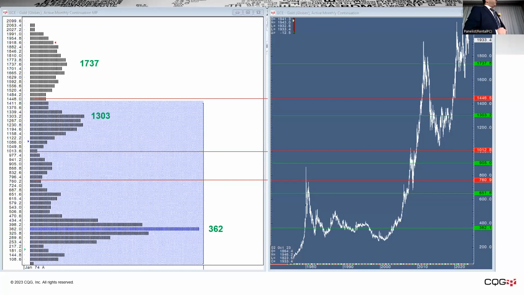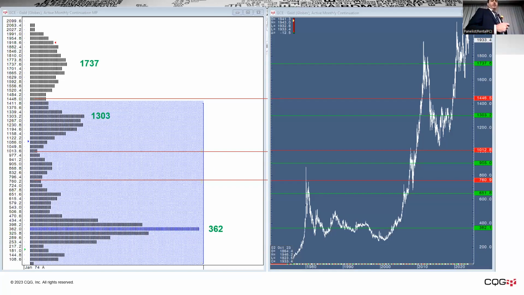So for the long-term tools, this is COMEX Gold on a long-term basis and a different representation. Some of you are familiar with market profile. It's one of the greatest tools to analyze levels, which is what we're doing here.